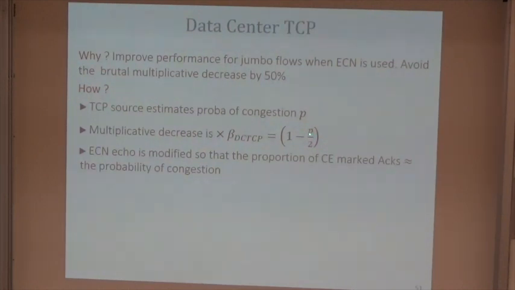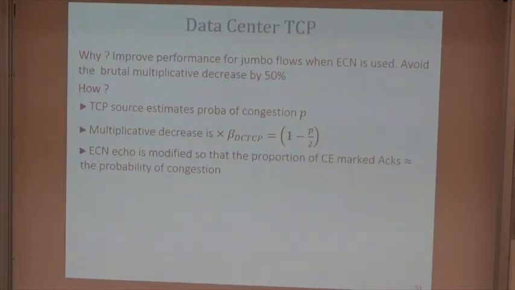P is something new that data center TCP hosts need to do, which is to estimate the proportion of marked packets. Data center TCP uses ECN. The normal TCP does not estimate the loss probability or the marking probability. It just reacts to it. Whenever there is a loss or a marked packet, it reduces the rate, otherwise it increases.